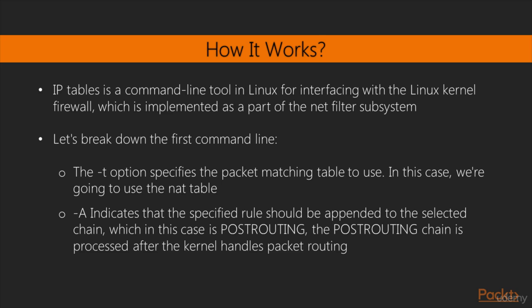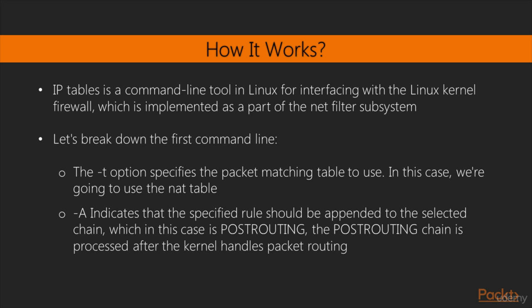iptables is a command line tool in Linux for interfacing with the Linux kernel firewall, which is implemented as part of the netfilter subsystem. Let's break down the first command line. The -t option specifies the packet matching table to use. In this case, we're going to use the NAT table. -A indicates that the specified rule should be appended to the selected chain, which in this case is POSTROUTING.